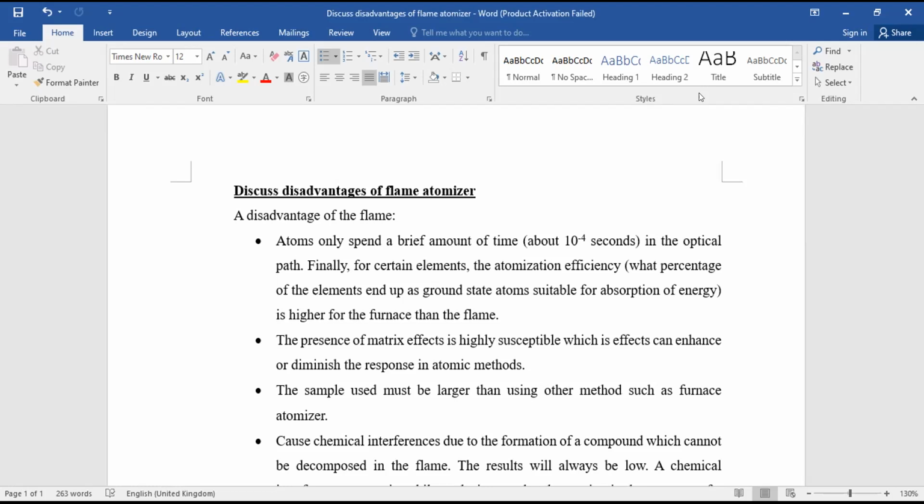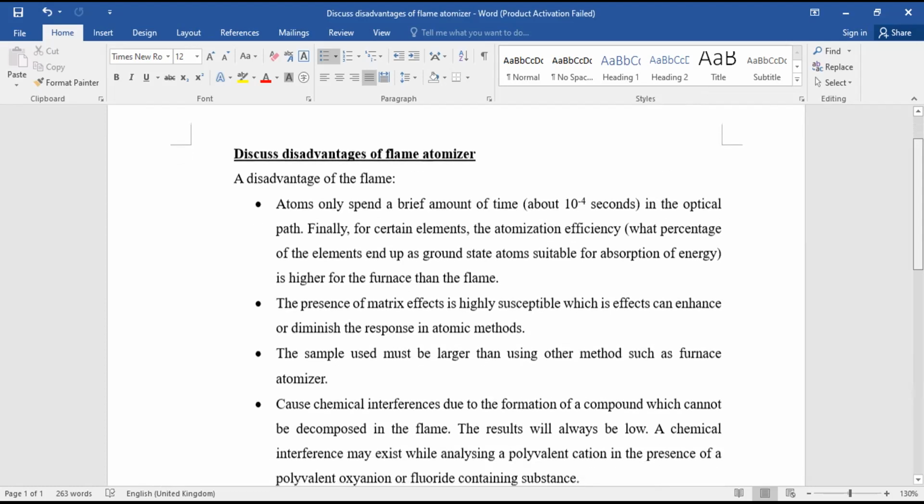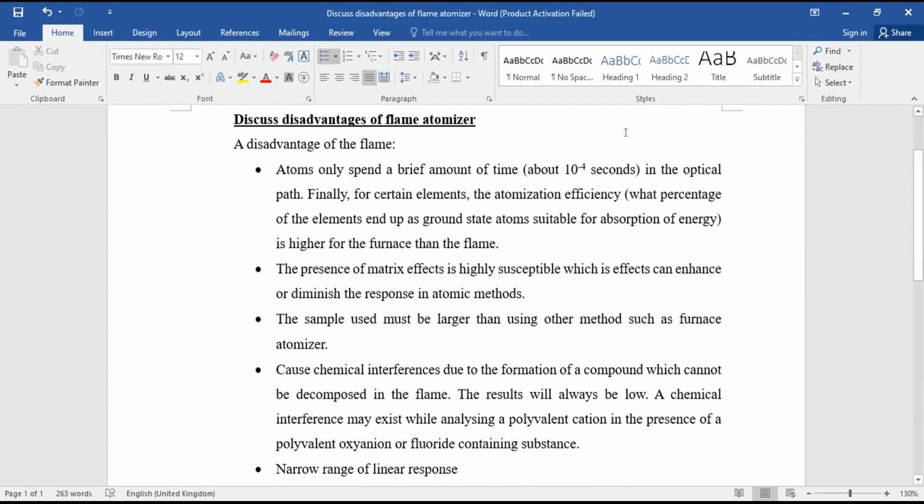So our group just discussed the disadvantages of the flame atomizer. There are many disadvantages. First off, atoms only spend a brief amount of time, about 10 to the power of -4 seconds, in the optical path.